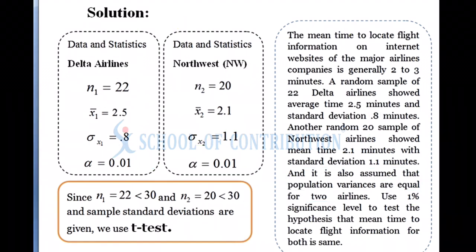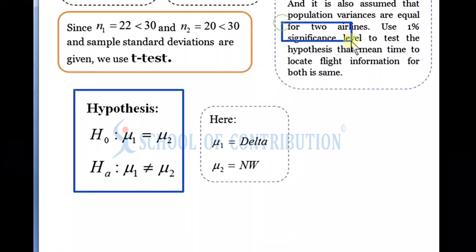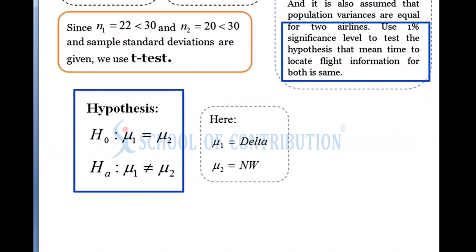Once we determine what type of test this is, we can formulate the null and alternative hypothesis as follows. If we read the last line in the math, we can easily pinpoint our hypothesis. It says use 1% significance level to test the hypothesis that the mean time to locate flight information is the same, and same means in mathematical terms equal.